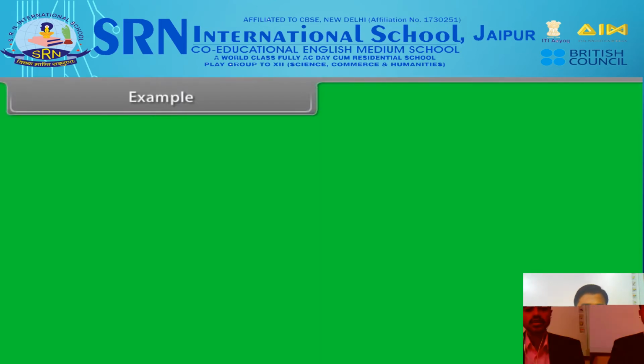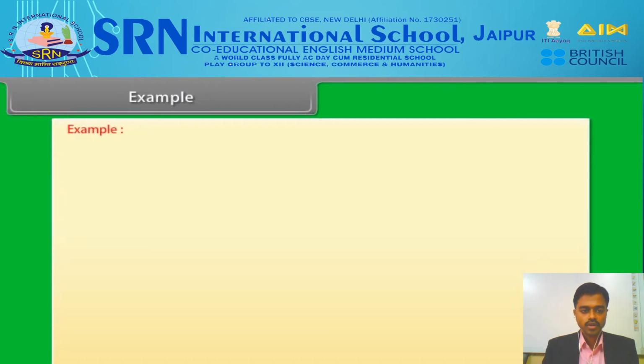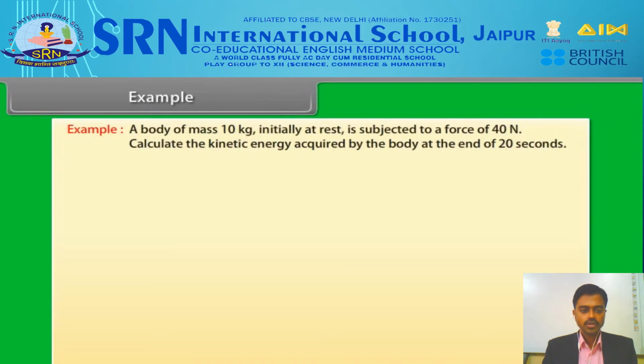Now let's talk about an example through which we can calculate kinetic energy. A body of mass 10 kg initially at rest is subjected to a force of 40 Newton. Calculate the kinetic energy acquired by the body in 20 seconds. We will write the given: mass is 10 kg and initial velocity is 0 because it is at rest.